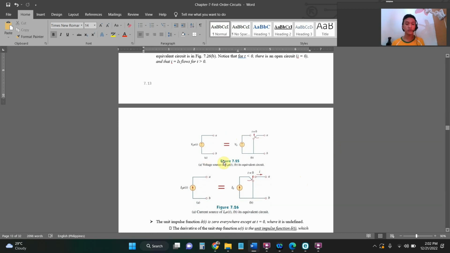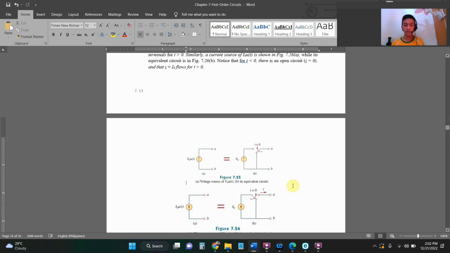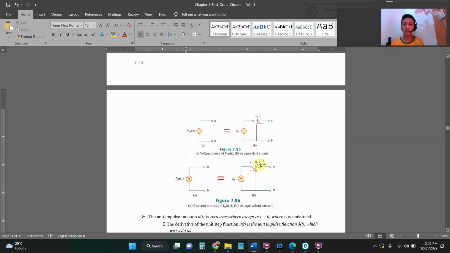In figure 7.25 A we call this the voltage source of V sub o u of t, and B is its equivalent circuit. In figure 7.26 A, this is what we call the current source of I sub o, and B is the equivalent circuit.